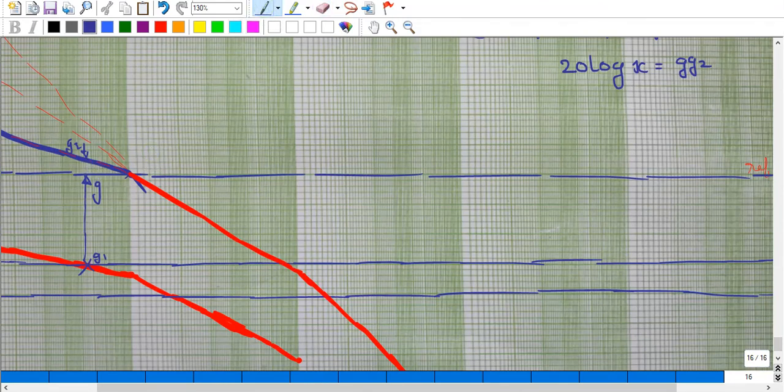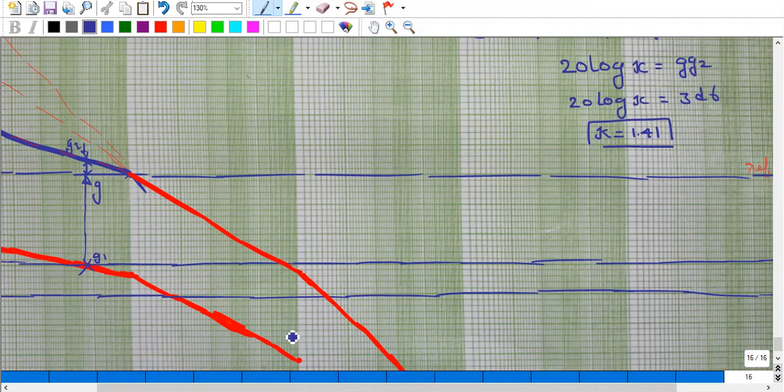So this particular distance is G2. Okay, so if I measure this with the help of the graph, I am getting 3 dB. So 20 log K equals 3 dB, and here we can find the value of K. So you need to take the anti-log of 3 by 20, that will give you 1.41.